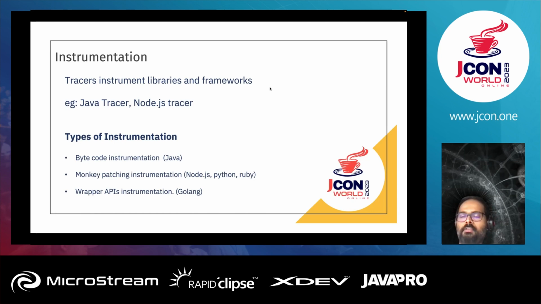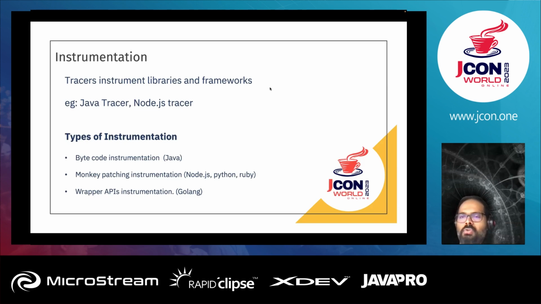Basically, the tracer instruments the libraries or the frameworks which are involved in the language, and then it attaches to the process. Whenever these instrumented functions get invoked, it collects the attributes or the data from that function.